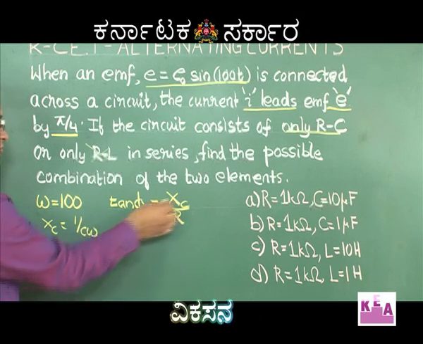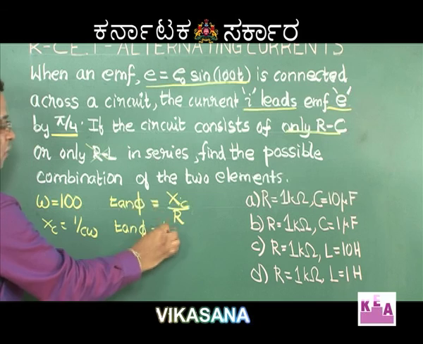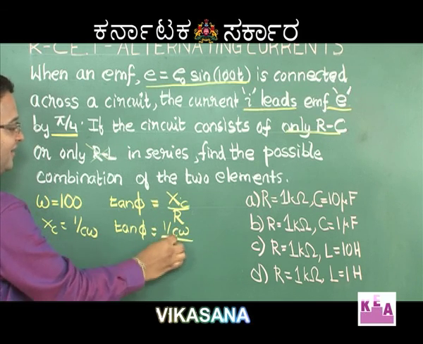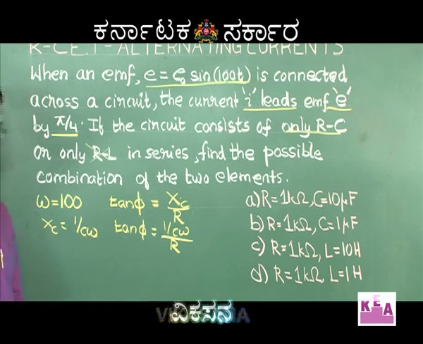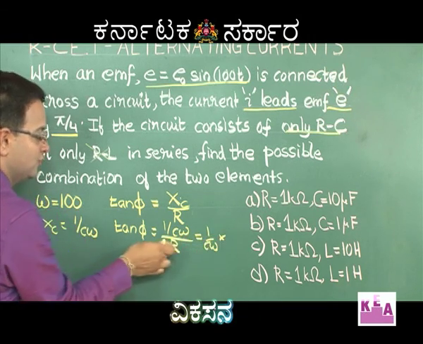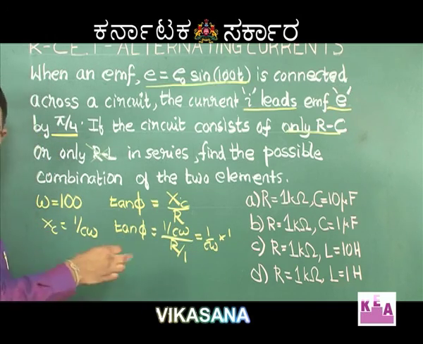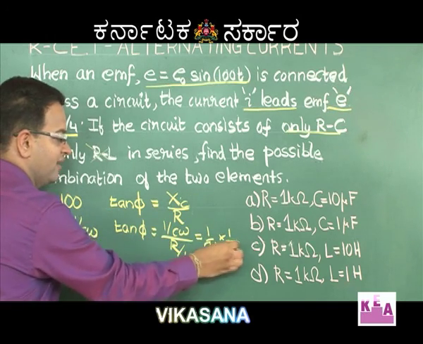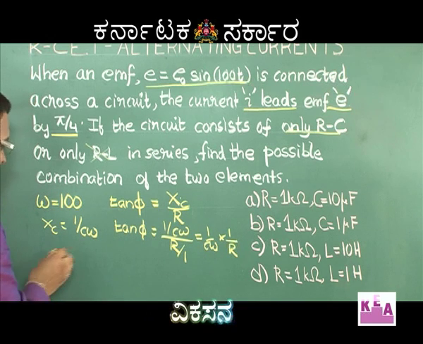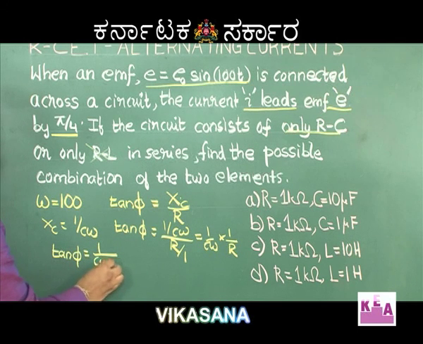Therefore, we will substitute this. So tan phi will become equal to 1 upon C omega divided by R. If I write this as 1 by C omega into 1 by R, we get tan phi is equal to 1 by C omega R.